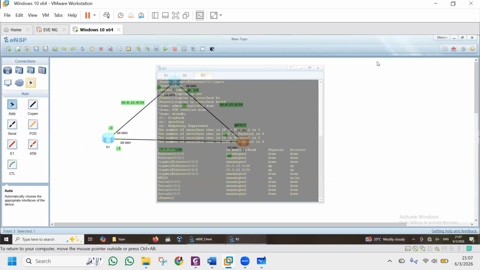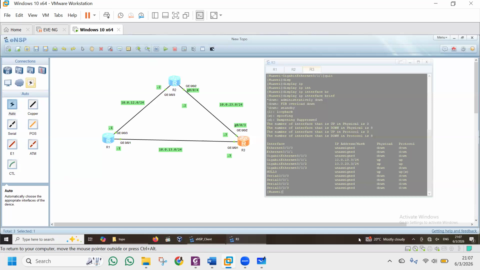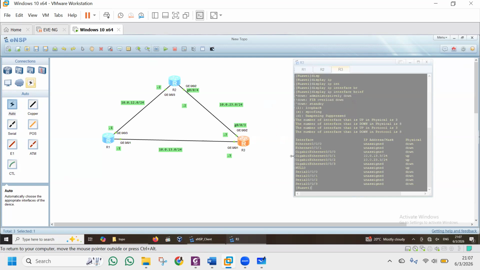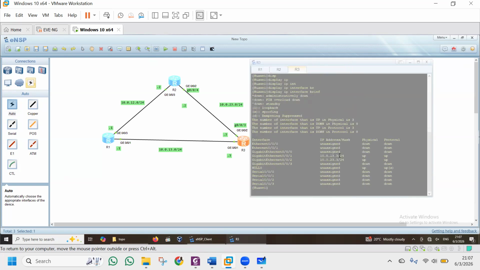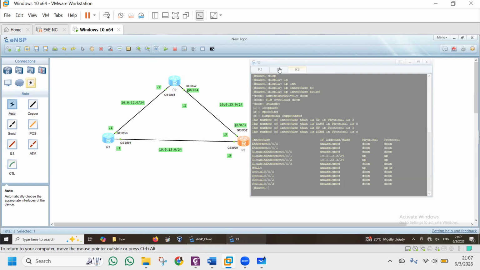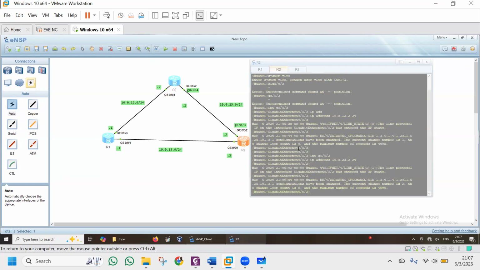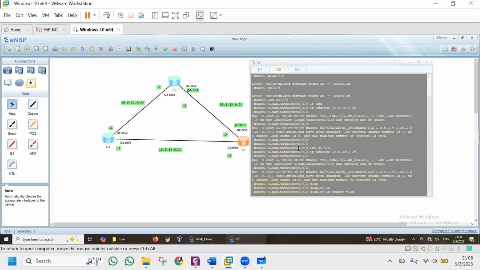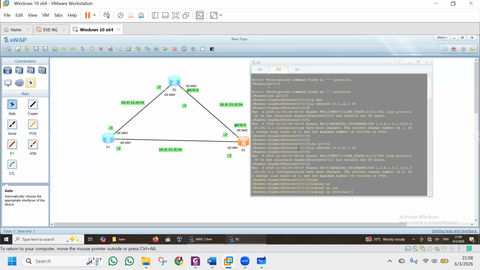So my IP addresses are these ones. 0/0/1 is 13.3, this one, correct? Then this one, 23.3, correct? Then the other router, R2, let me check, display IP interface brief. It's good.